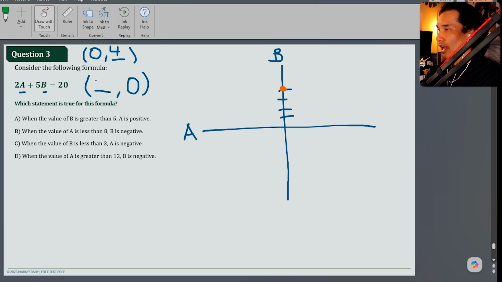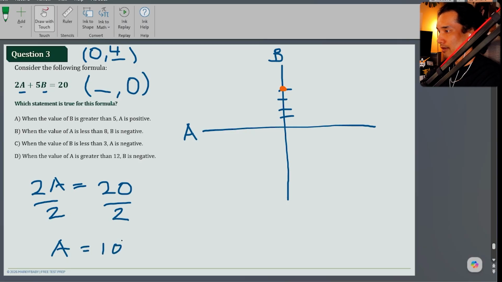And then I am going to do this: 2A equals 20. Divide by 2. I get A is equal to 10. 10, 0. So let's plug that in.